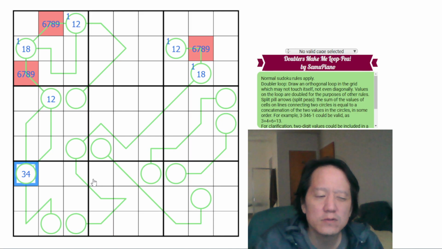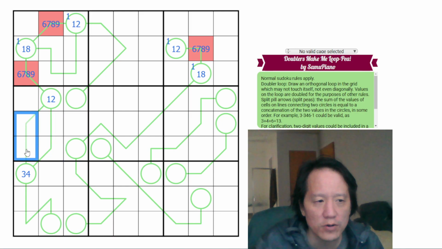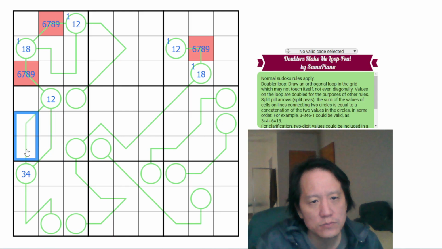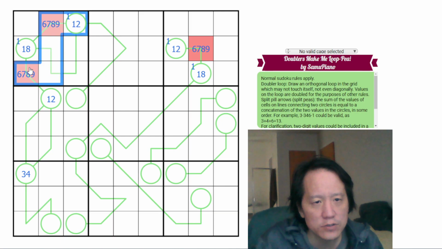But actually it can't be 34 here in this specific case. There's 2 of them here, right? So this is doubled, this is doubled, which means, okay, so one thing is it can never be that, right? You need to have a 1 here that's not doubled. So this is 12 to 34.